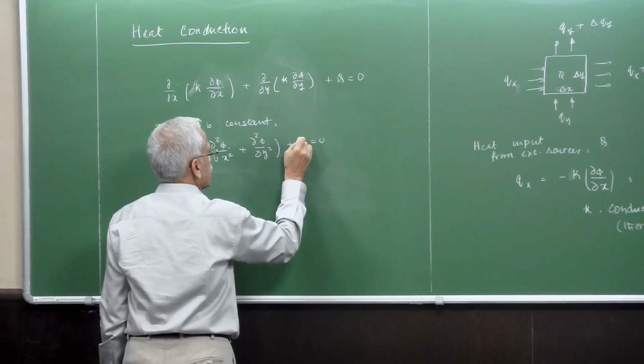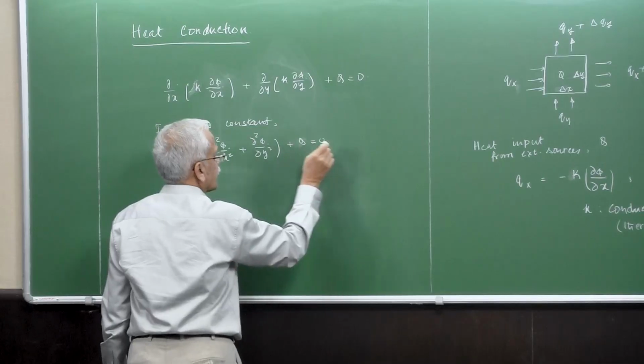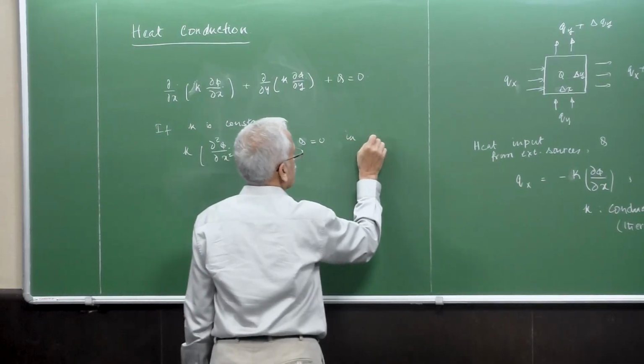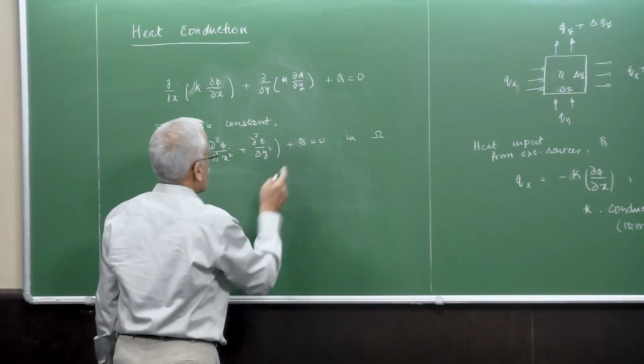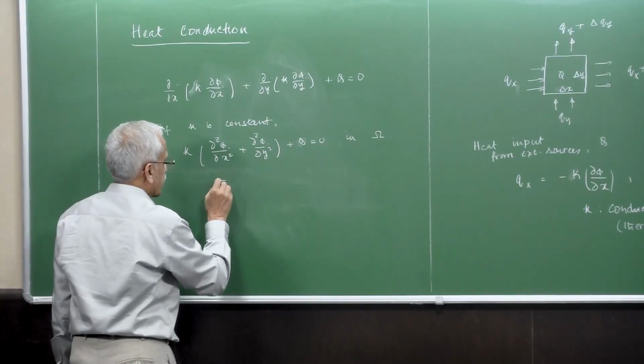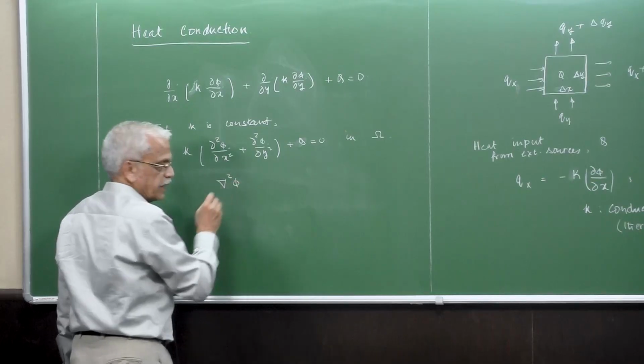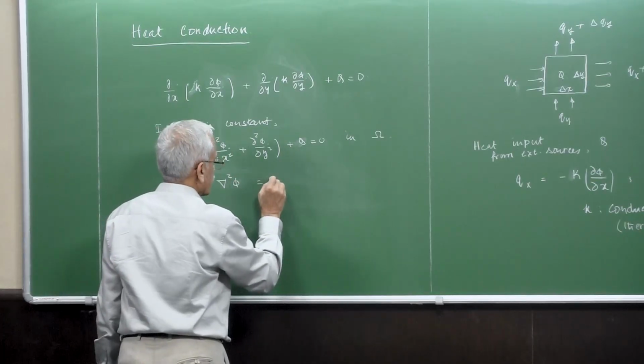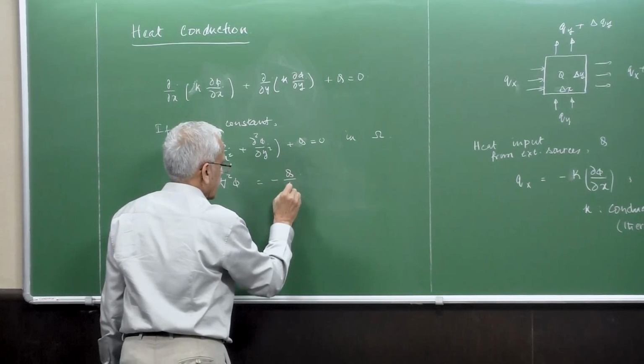We can write it in this manner, in omega, or we can even write this as del square phi is equal to minus q by k.